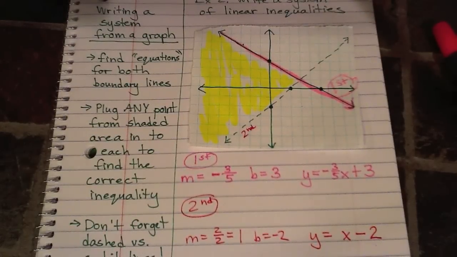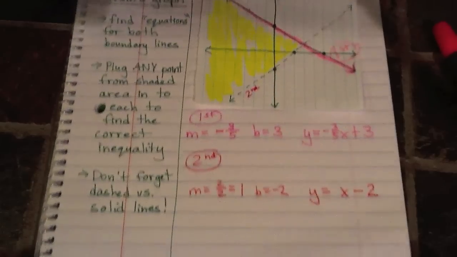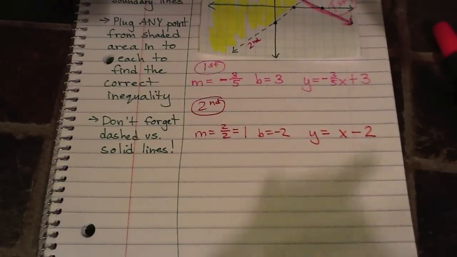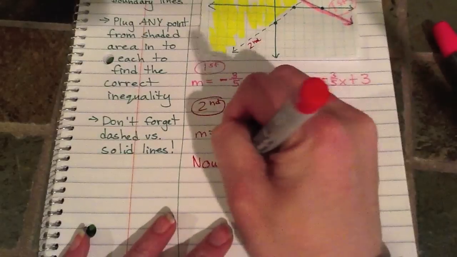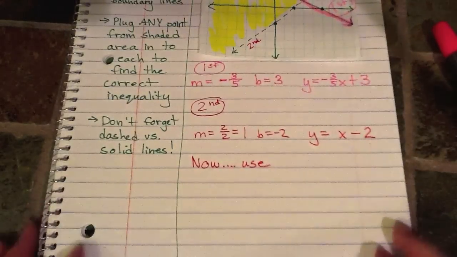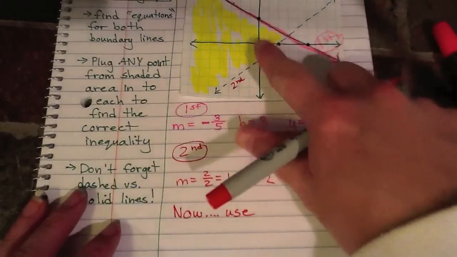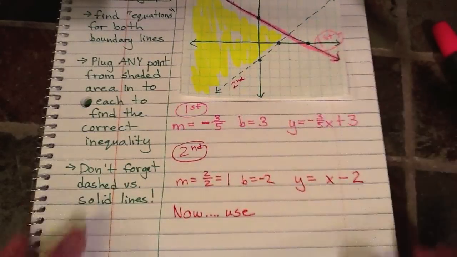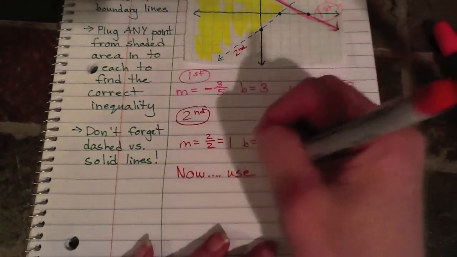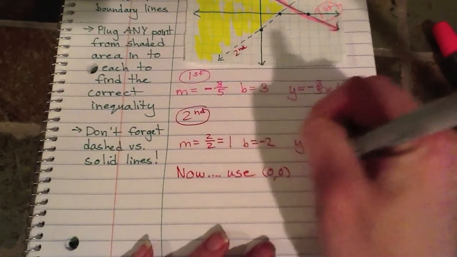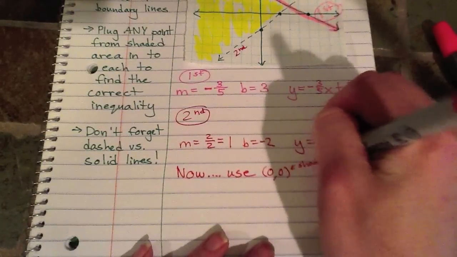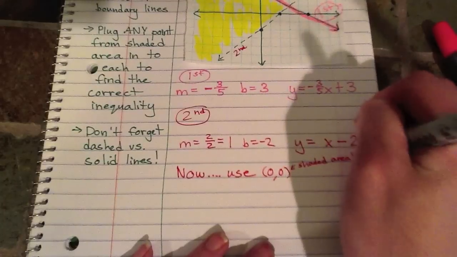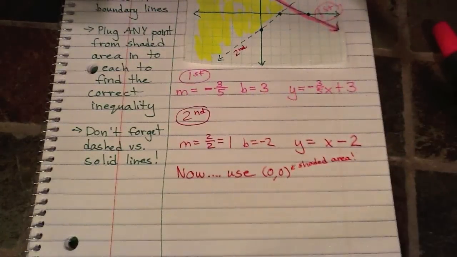Now that you have your boundary lines written, you want to go ahead and find these as inequalities. So now, use a point from the shaded area. Notice 0, 0 is in our shaded area, so go ahead and use 0, 0. I'm going to put "shaded area" there because I don't want you always thinking you get to use 0, 0.